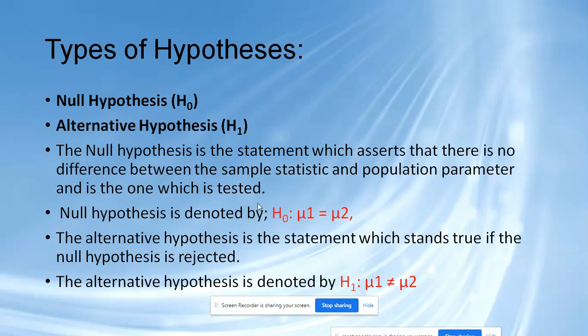And the null hypothesis is the one which we intend to reject, that is mu1 is equal to mu2, which is not always the case. That is why in many of the cases the null hypothesis is rejected and we accept the alternative hypothesis. So there are only these two types of hypothesis, null and alternative. Just remember that the alternative hypothesis is the one which we would like to prove, or which we want to accept.